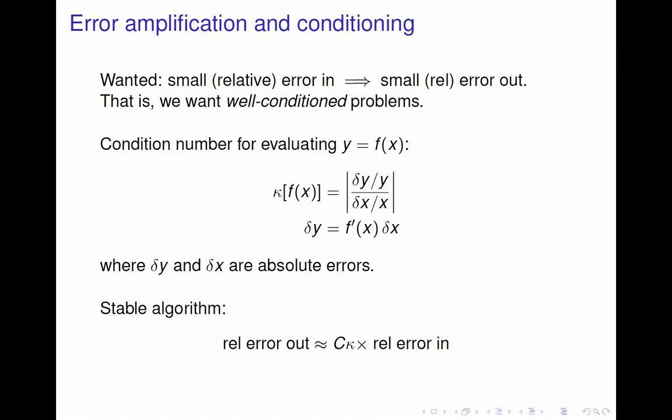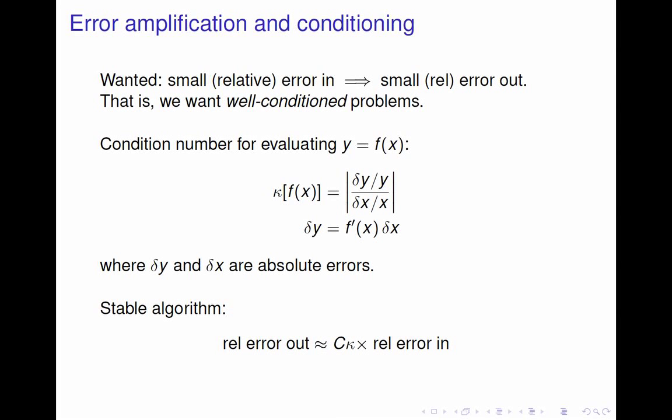A well-conditioned problem is one for which this condition number is relatively small. And the condition number tells you how much the relative errors in the input get magnified on the way to relative errors in the output.